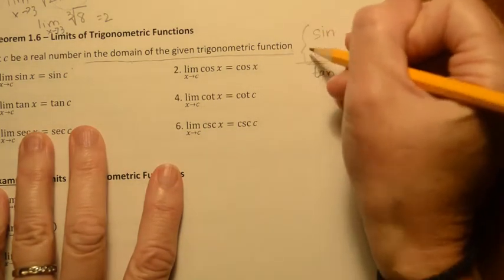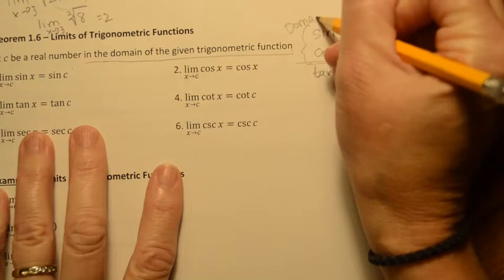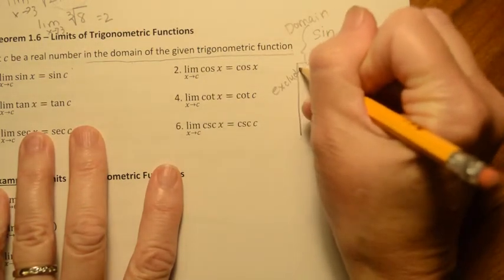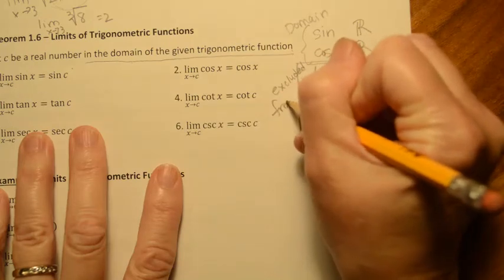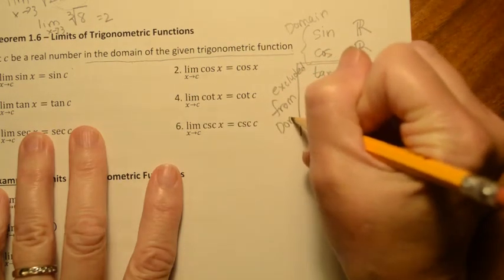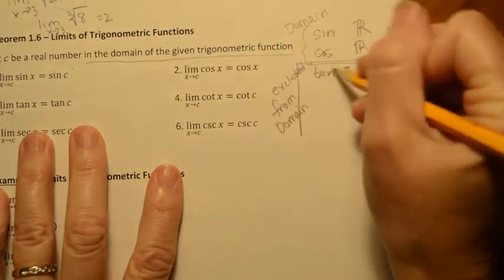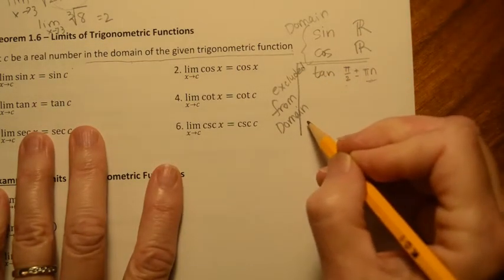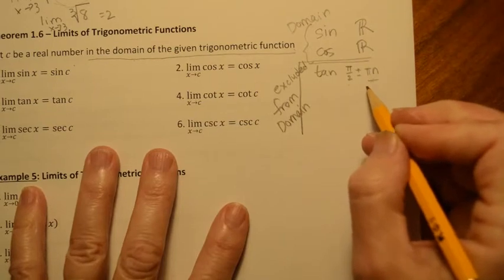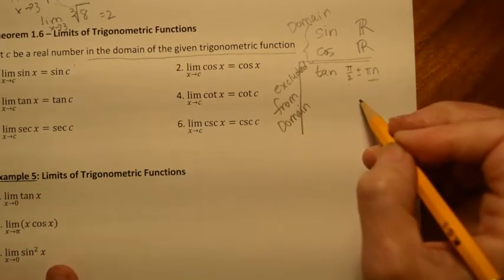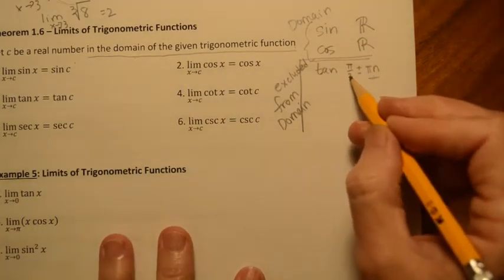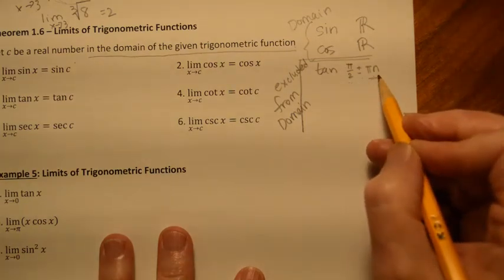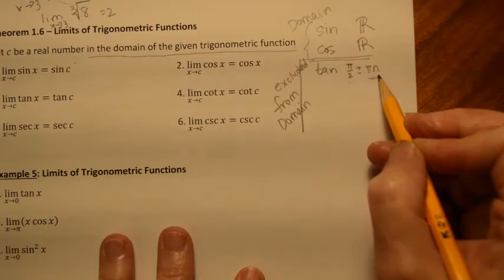So here, this is the domain, and here we exclude these from the domain. All right, so nothing is excluded for sine and cosine. The domain is all real, but the remaining 4 functions do have values we can't choose. So in tangent, we cannot use pi over 2 plus integer multiples of pi.